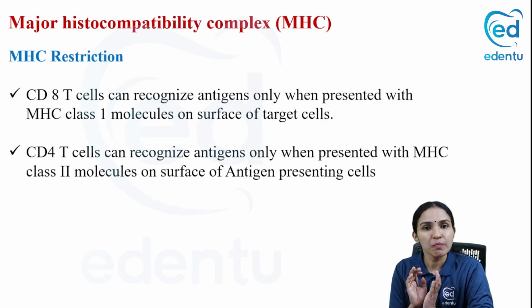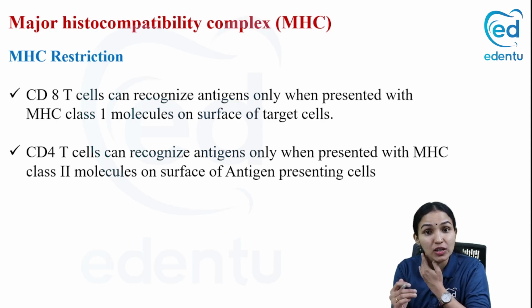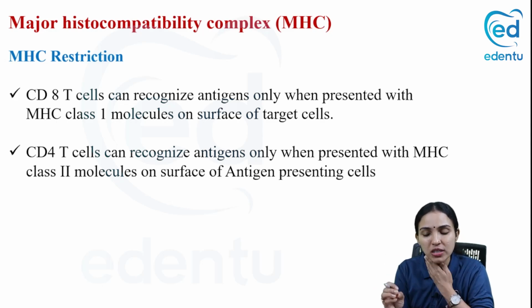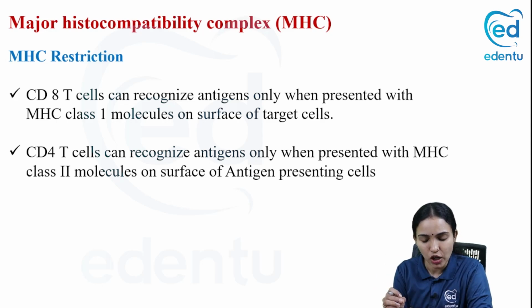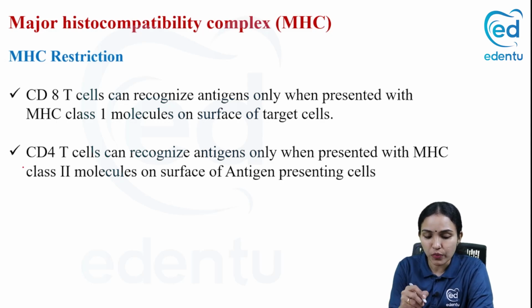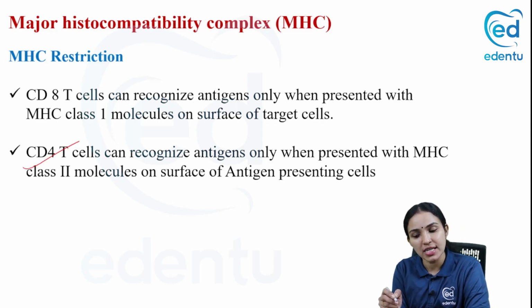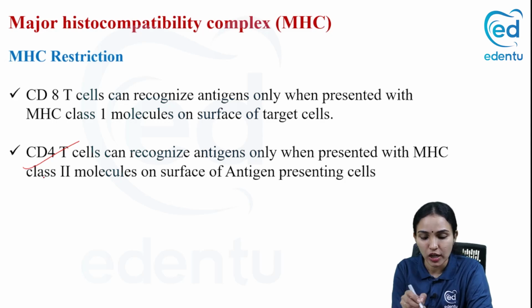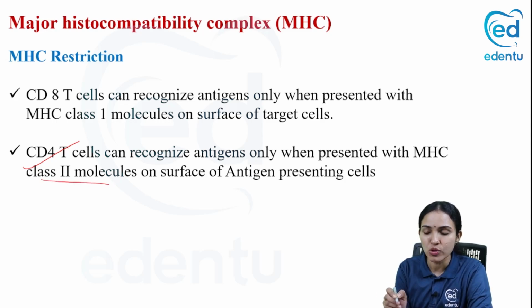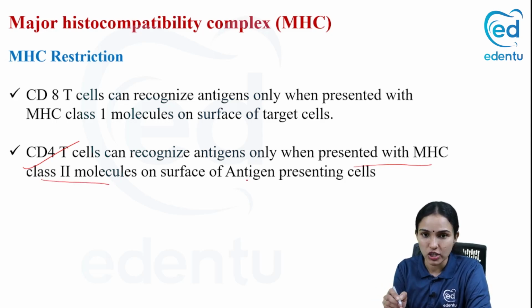So what does MHC restriction mean? What we have already said, a CD8 cytotoxic T cell can recognize antigens only if it is presented with the MHC class 1 molecule. So with that, they go to kill the cells. They destroy the cells when they recognize the antigens along with MHC class 1 molecule, whereas CD4 T cells recognize antigens only when they see the antigen along with the class 2 MHC molecules on the surface of the antigen presenting cell.